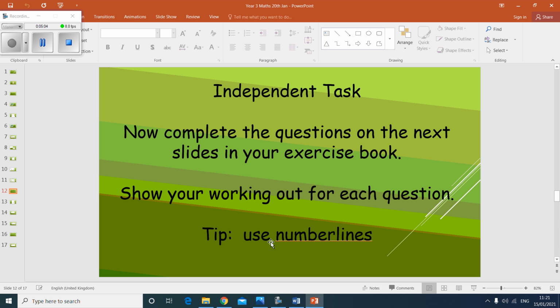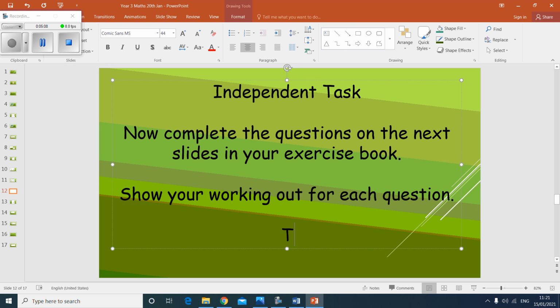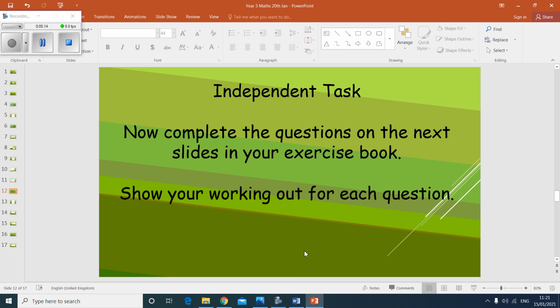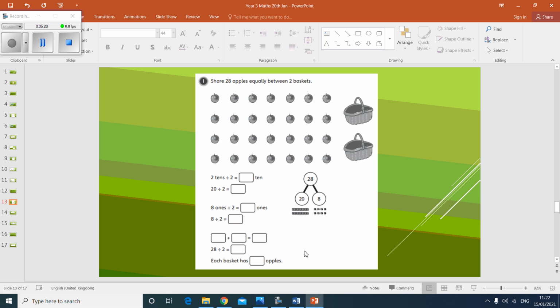So now it's time to do our independent task, and you can use images to help you out, the part whole model. So click on each question and pause while you work it out before moving on to the next one. So question 1, we're sharing 28 divided by 2 baskets.